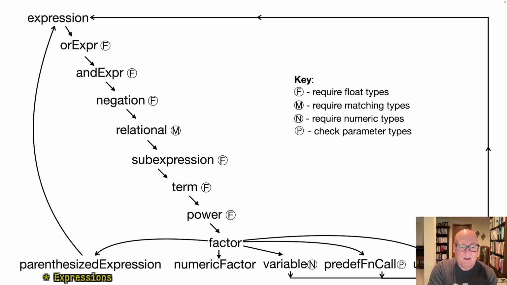Excuse me. So all those, I don't know, what is that? 3, 6, 9, 10 levels and 14 methods. Okay, all those together, they're everything that goes into expressions.